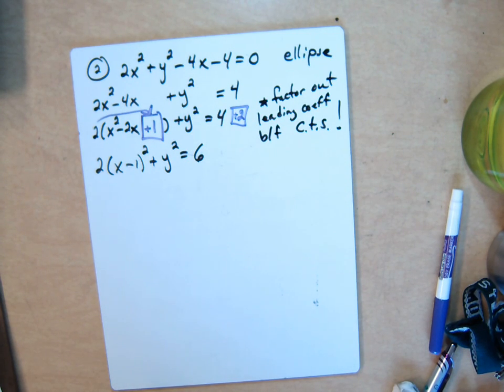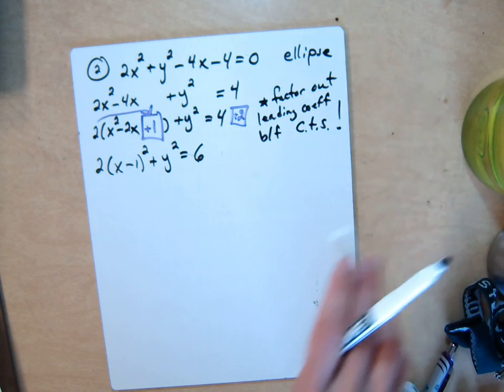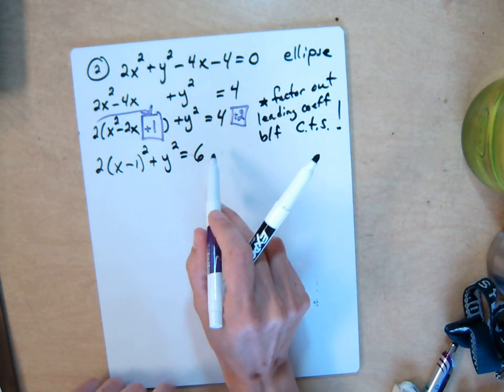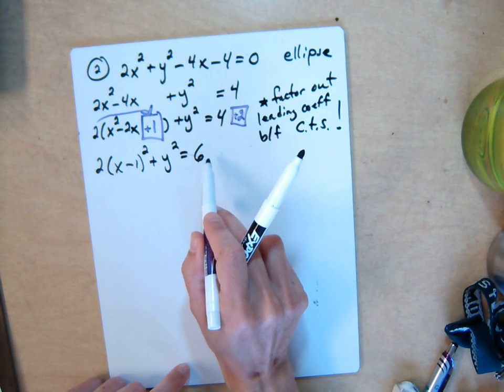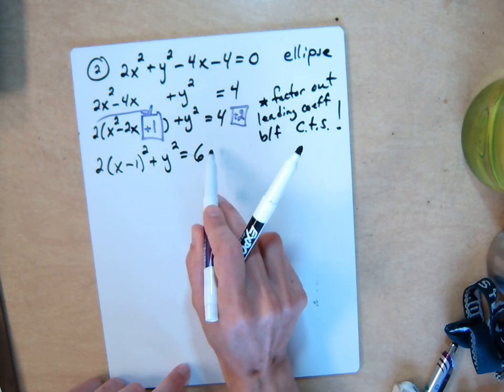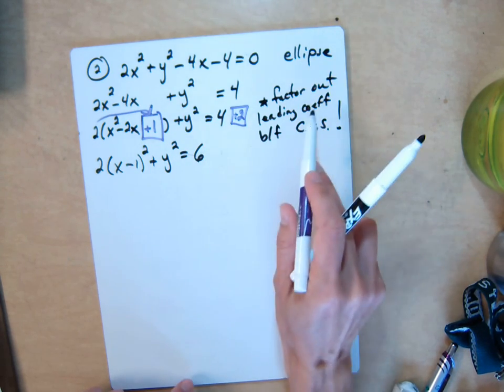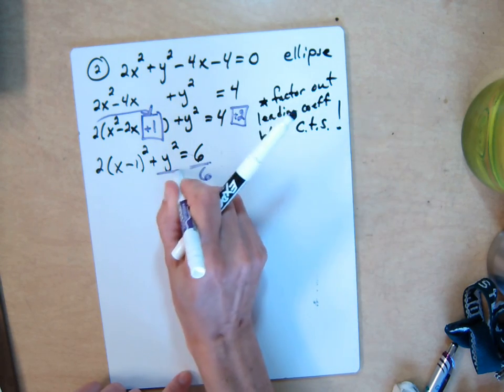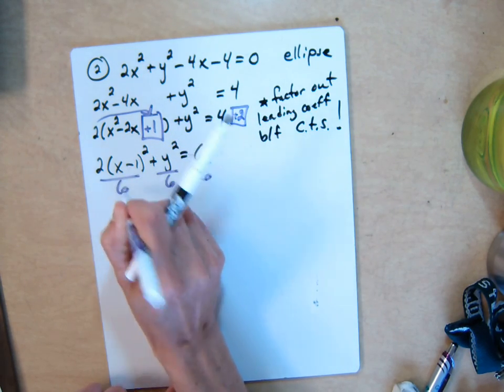Any other questions? Okay, why does it not look like the ellipse yet? Well, what do we want on the right side? We want a 1 here. So for an ellipse, you will always divide everything by whatever number's over here. It's 6.